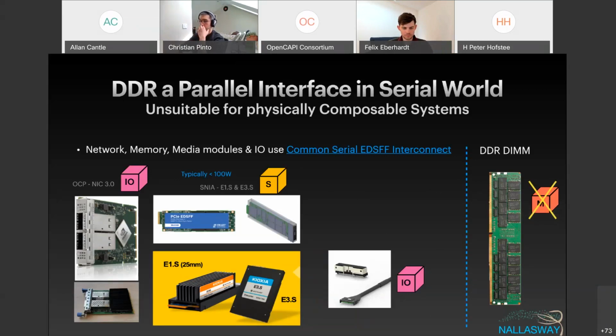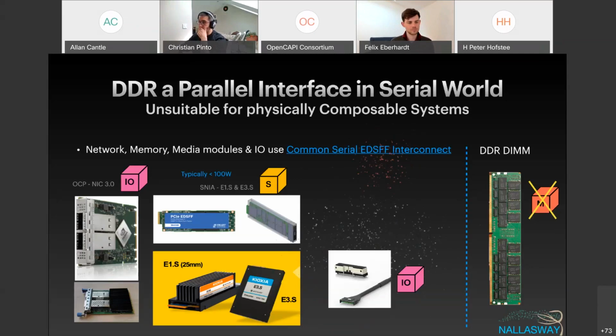We can see the OCP NIC 3.0, the NVMe storage drives in E3.S and E1.S formats, and miniaturized cabled I/O as well, all in this same format that gives us potential composability.